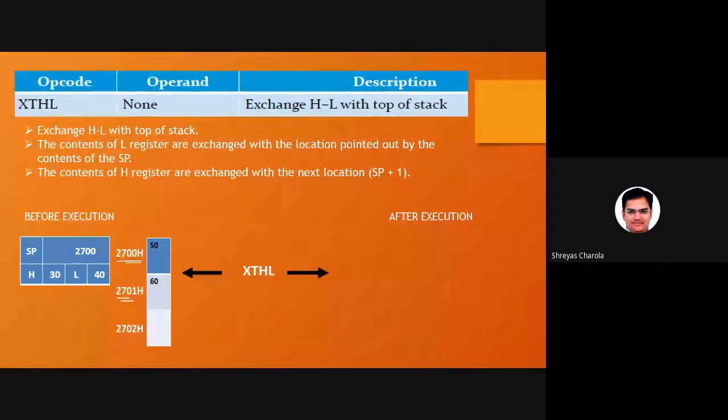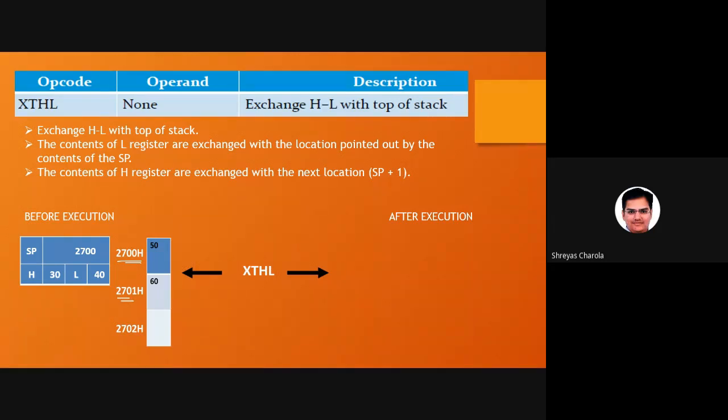Out of them only this many students are giving the answer. Where is the 30? 2700 is 30 and 2701 is 40. Think and tell me the answer.